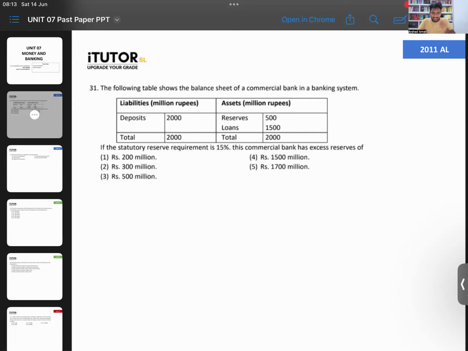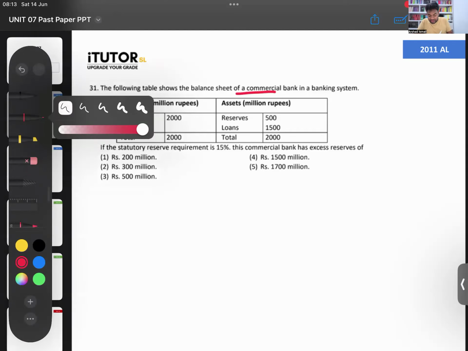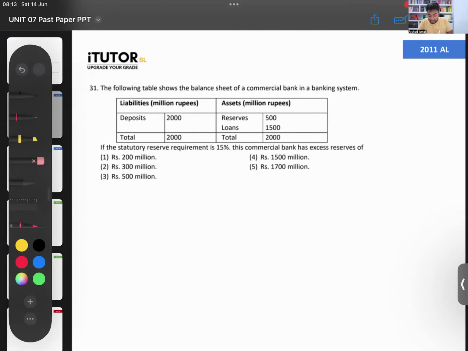They're saying the following table shows the balance sheet of a commercial bank, in a banking system. So you'll have to be very careful with how you read. It's the balance sheet of one commercial bank which is in a banking system. So this is not a banking system balance sheet. This is the balance sheet of a single bank.